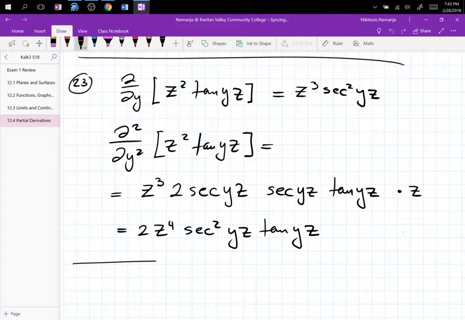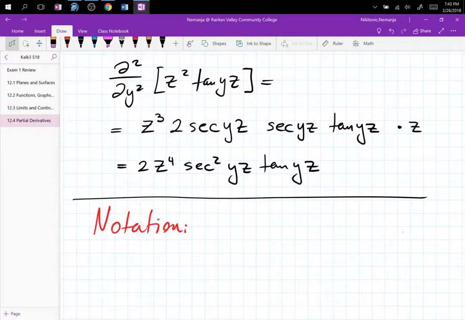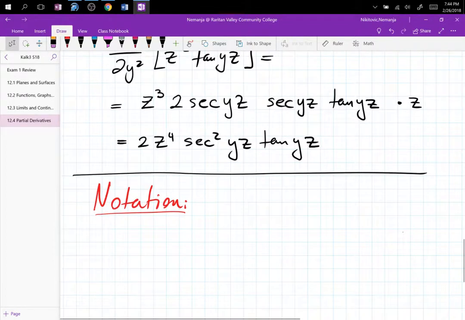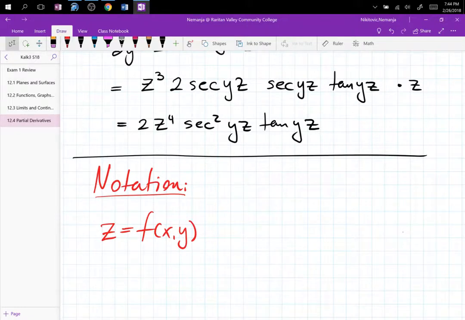But let's just take a look at notation a little bit more. Notation. What do I have notation wise? Well, we have z equals f of x y. So partial z partial x can be written as f and then little x on the bottom.